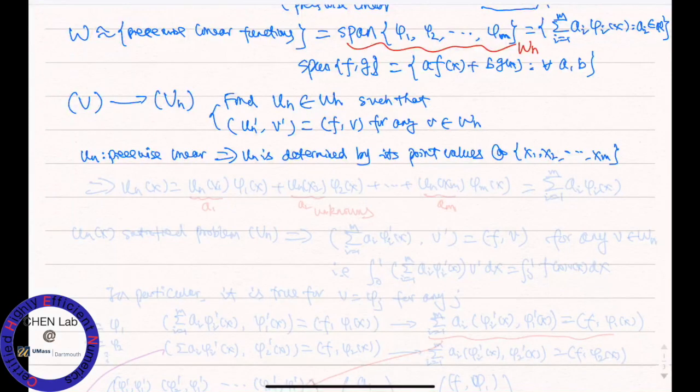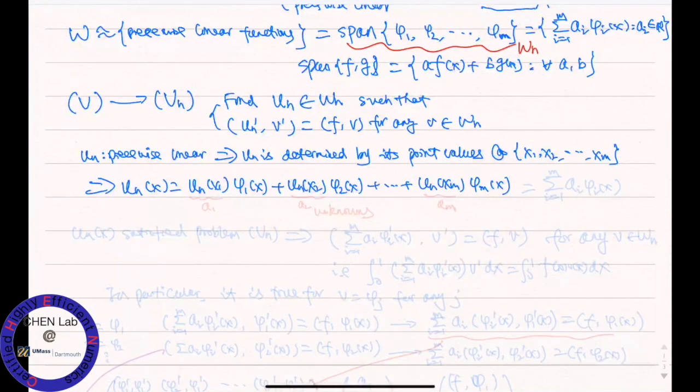So which means this unknown U_H, you find such a U_H in the space W. This U_H of x is actually equal to U_H at x1 times phi1 of x, plus U_H at x2 times phi2 of x, plus U_H at xm times phi m of x.